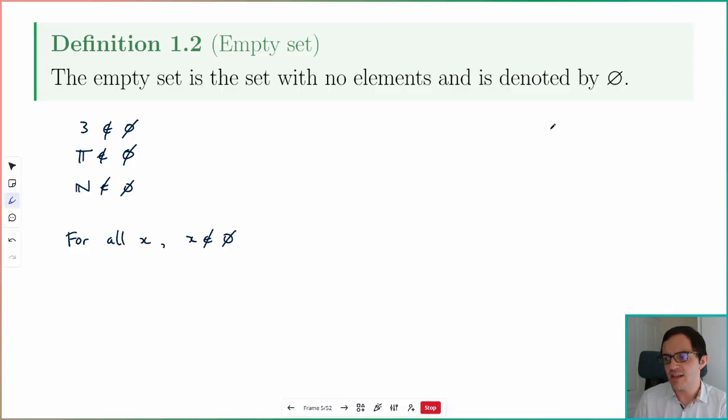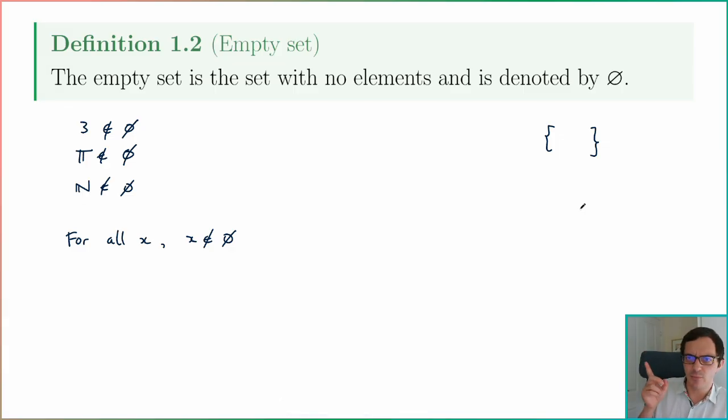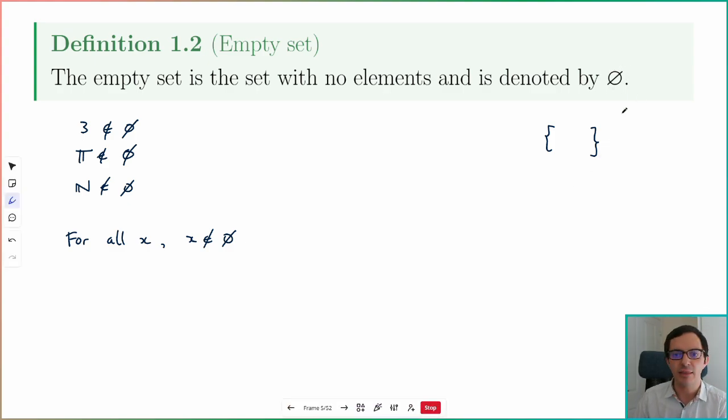If you've seen sets can be written with curly braces, where you might have curly braces but then nothing to show inside, so you might just have a pair of curly braces. People don't normally like writing that pair of curly braces with nothing in between, so it's nice to have a symbol for it, perhaps a circle with a line through it, a bit like the Danish or Norwegian letter O with a line through it.